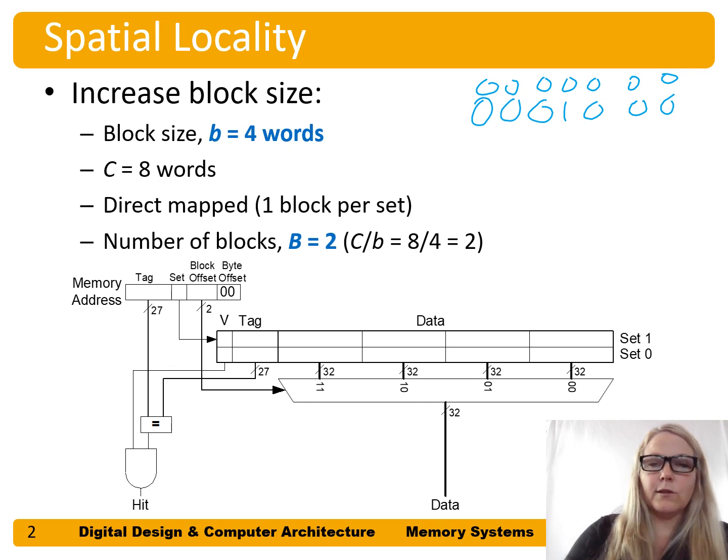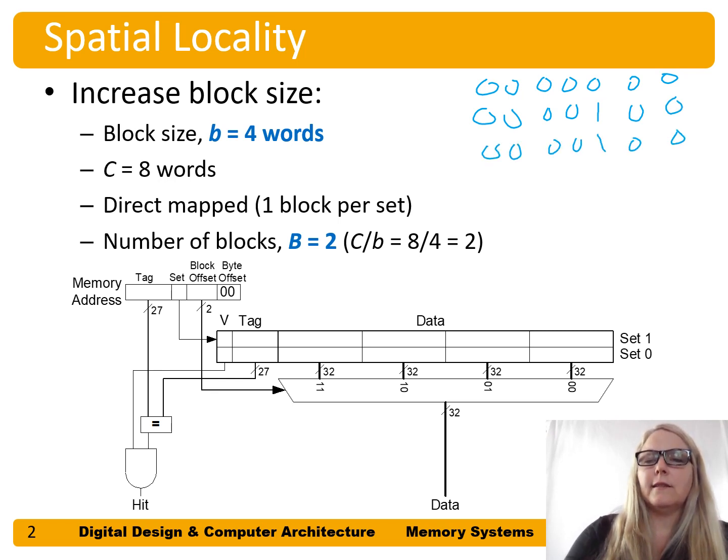Let's just do them in order: the word at address 0, the word at address 4, the word at address 8, and the word at address 12, or C.